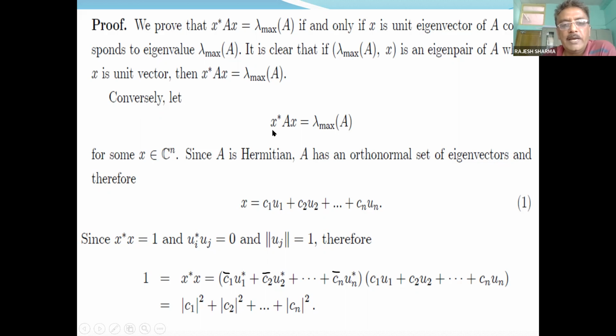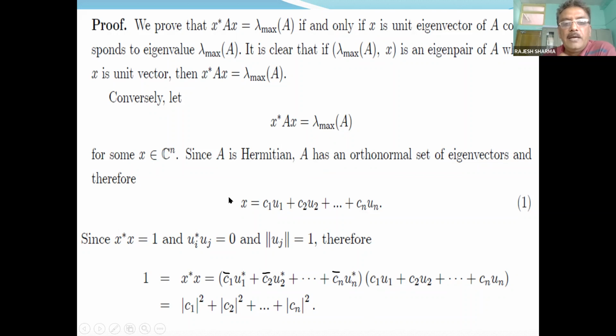For the converse part, we take x star ax to be the largest eigenvalue. The arguments are the same when we take the smallest eigenvalue. Now, since A is Hermitian, it is normal. And a consequence of the spectral theorem says that A has an orthonormal set of eigenvectors.